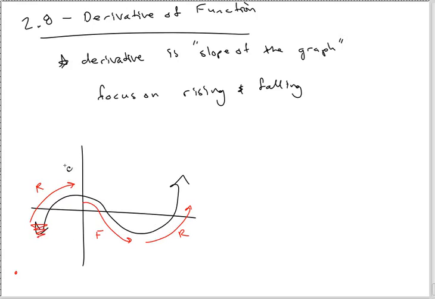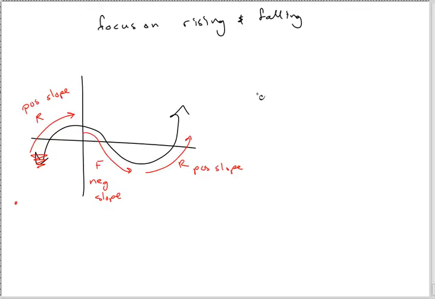Okay, cool. When you're rising, that means you have a positive slope. When you're falling, you have a negative slope. And again, when you're rising, you have a positive slope. So I want to graph the derivative slope here. Let's say that's f, and what they want is the f prime graph.